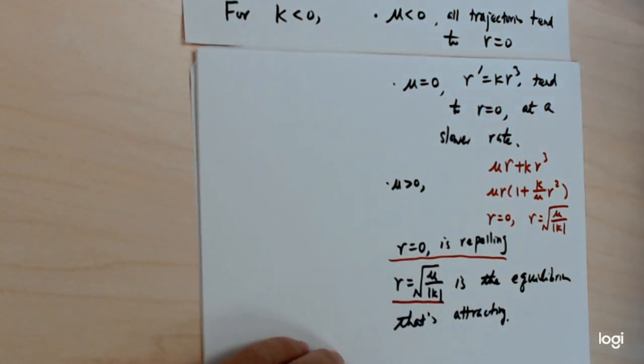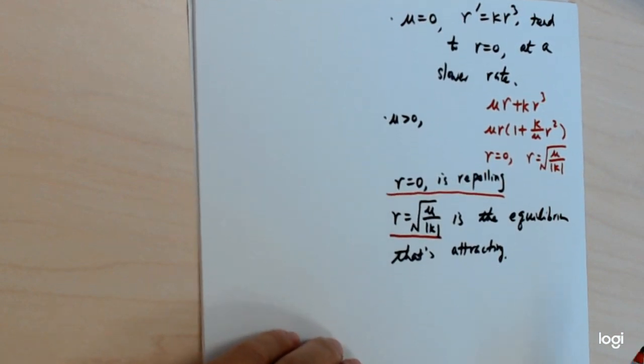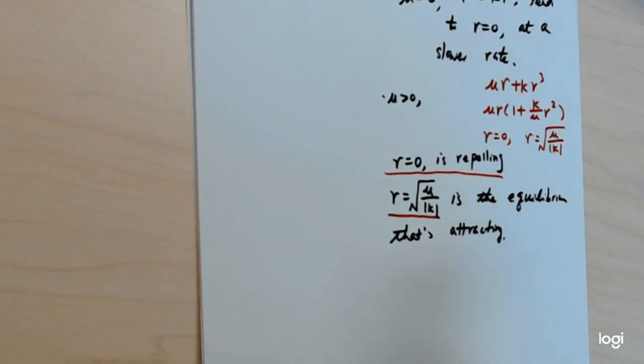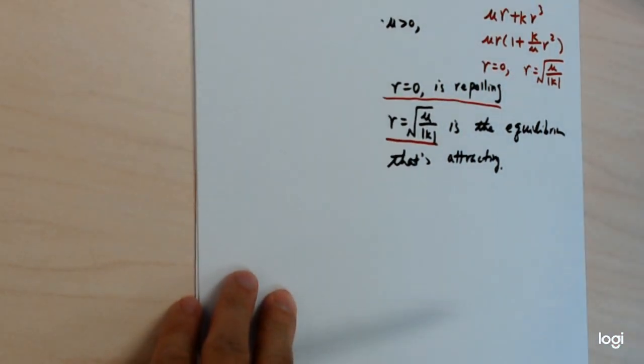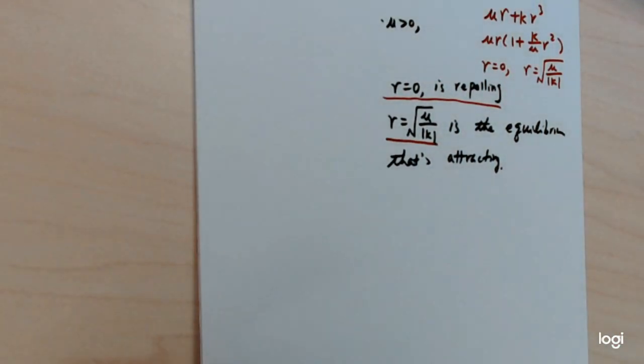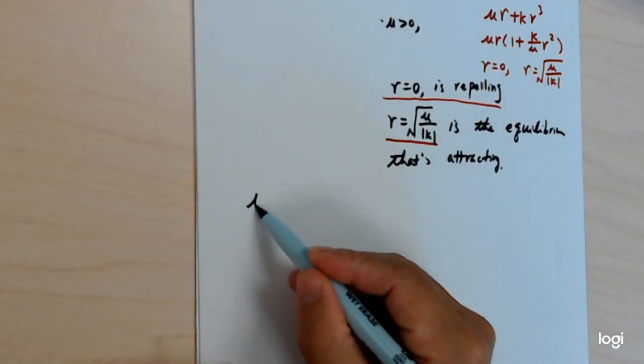So I like to plot the graph of this. Compare the nodes with what I'm about to sketch. Okay, mu less than 0.